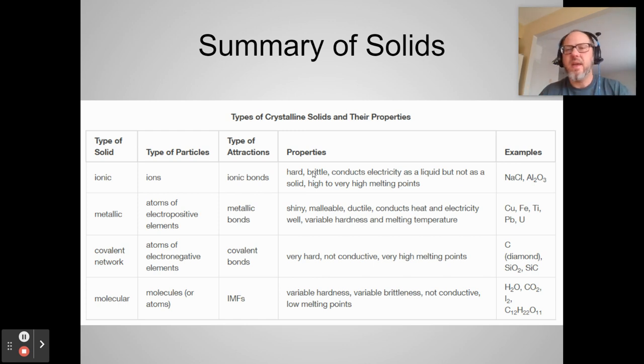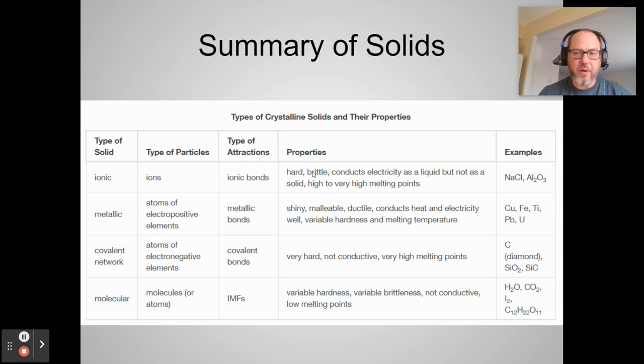Because it's a sea. You can hammer metals. It also allows those metals to conduct electricity, right? Because the sea of electrons is moving, right? And so you can pass electric current through it, which is moving electrons, right? And those moving electrons can move with other electrons, and life is good, right? So that's the model that works really well to explain a lot of the properties of metals.